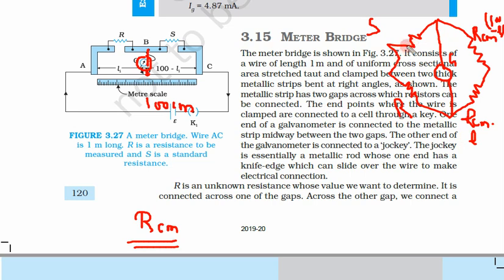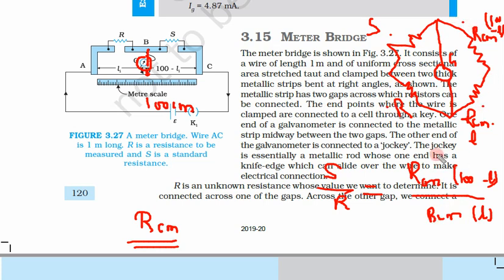You have seen, when the bridge is balanced, S upon R must be equal to RCM into 100 minus L upon RCM into L. So this was the condition, that this arm upon this arm must be equal to this arm upon this arm.